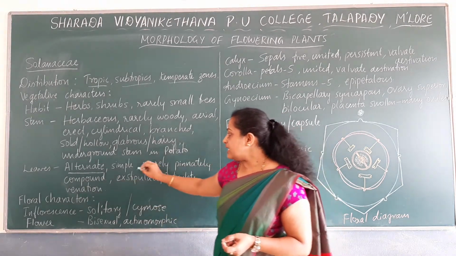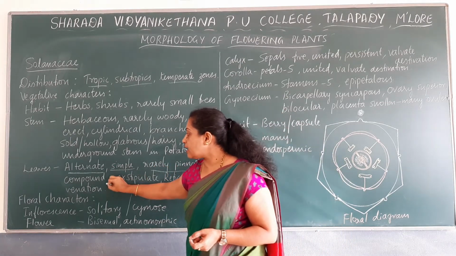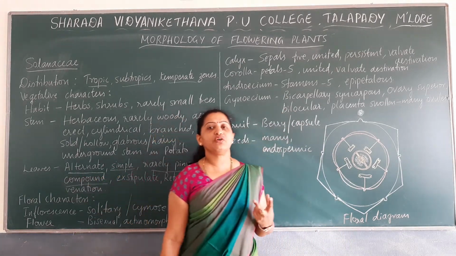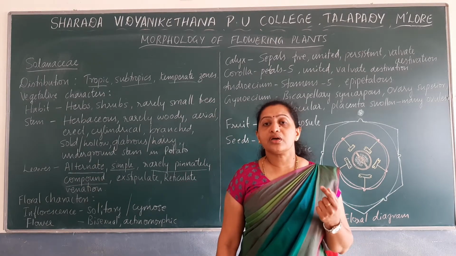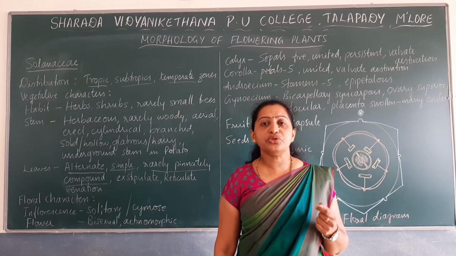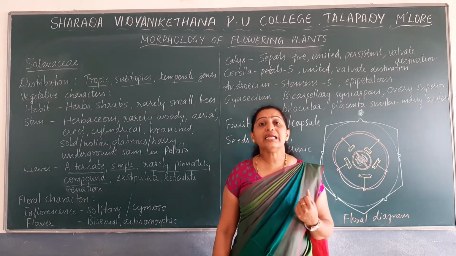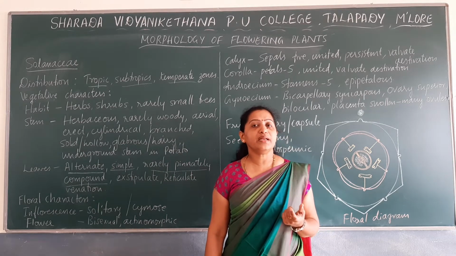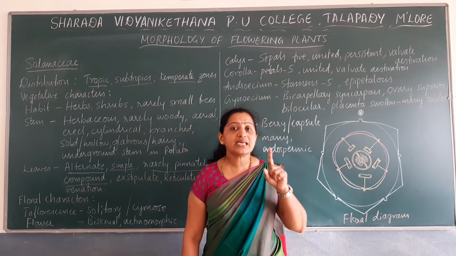Leaves are mostly simple or rarely they may be pinnately compound leaves. So generally leaves are of two types. They may be simple leaves or compound leaves. Compound leaves are those leaves which usually have many leaflets. For example, curry leaf, neem leaf, the entire strand of leaf, that is a single leaf.